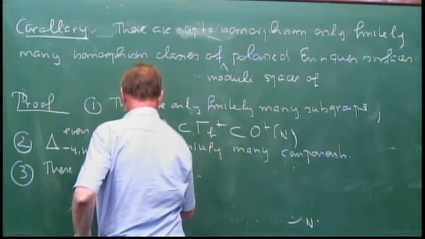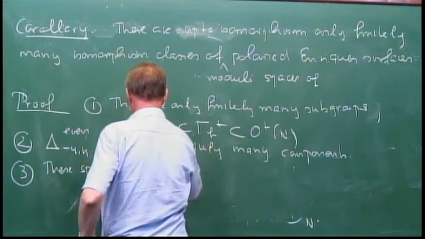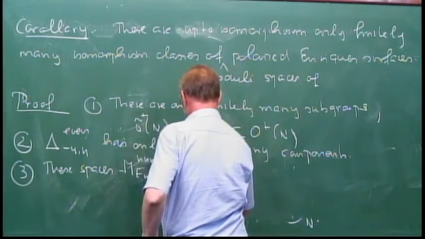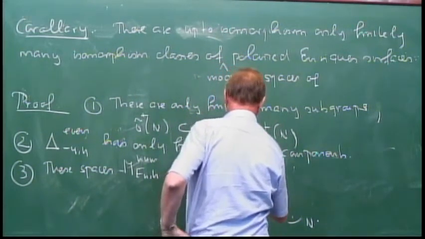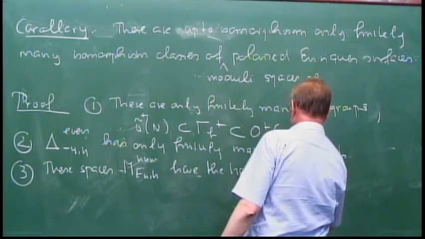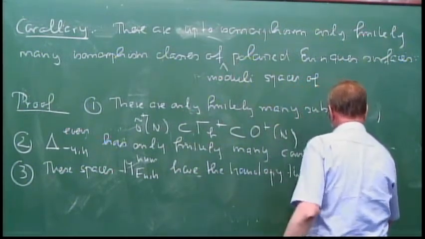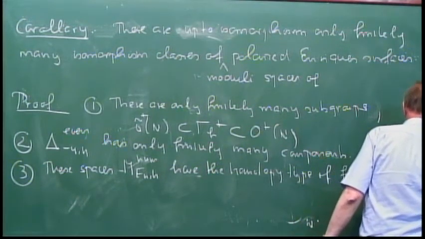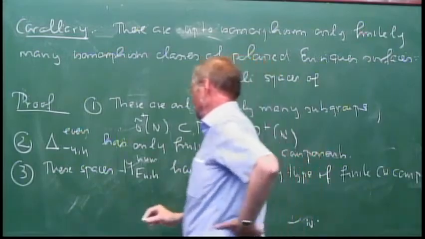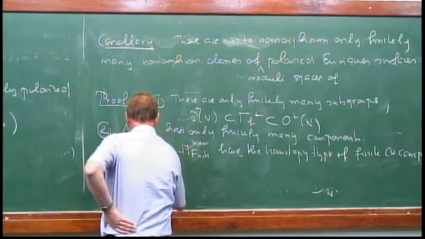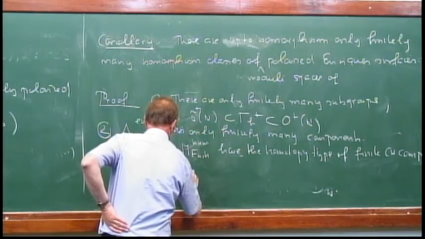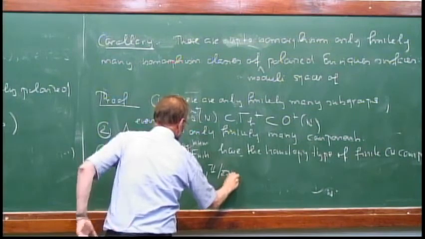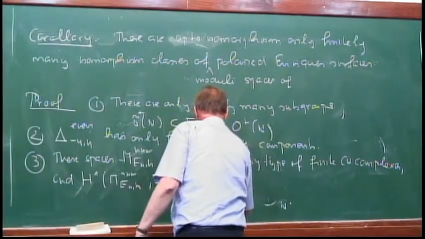These spaces, M, E, N, H, num, have the homotopy type of finite CW complexes, and H1 of these things, with coefficients in say mod 2Z, is finite.